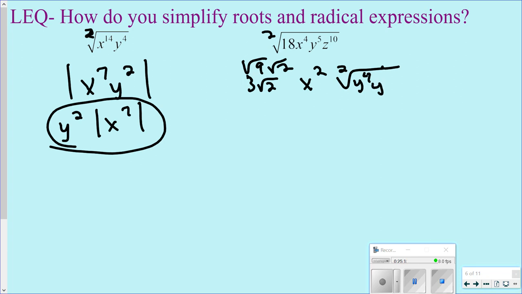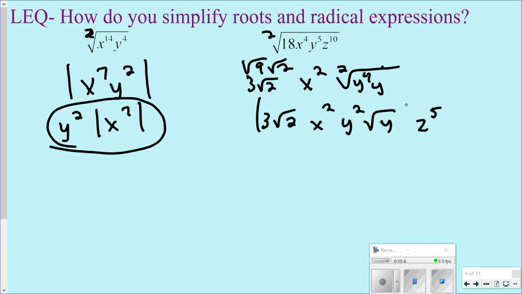And then I have y to the 1st power left. 4 plus 1 makes 5. So I'm taking 4 divided by 2, and I'm getting y squared. And I'm left with that square root of y. And lastly, the z's, 10 does divide by 2 evenly, and I'm getting z to the 5th. So I have this x squared, I have this 3 square root 2, I have y squared times square root of y, and I have this z to the 5th.